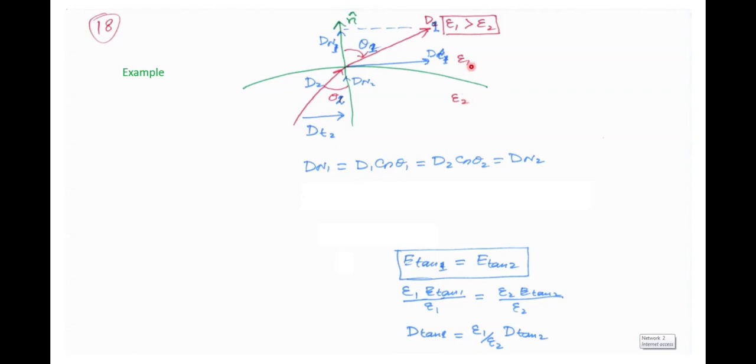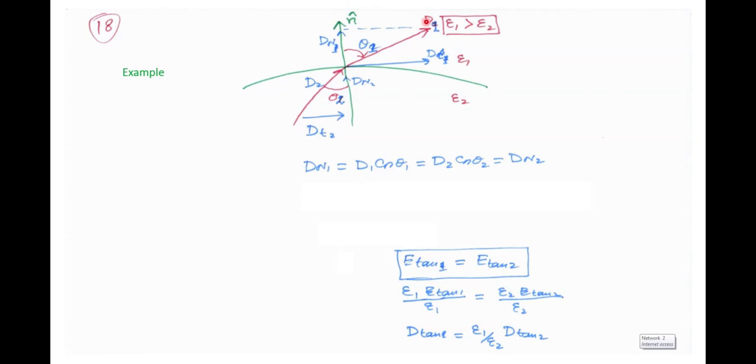Also consider that epsilon 1 is greater than epsilon 2. Look at the figure. In the figure, theta 1 is greater than theta 2. Why? Because epsilon 1 is greater than epsilon 2.